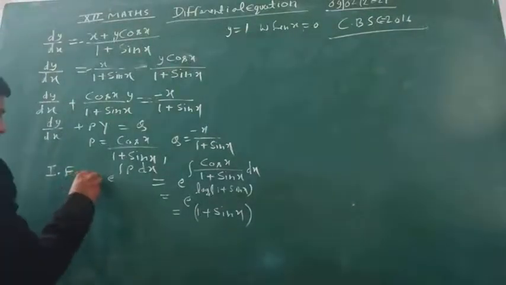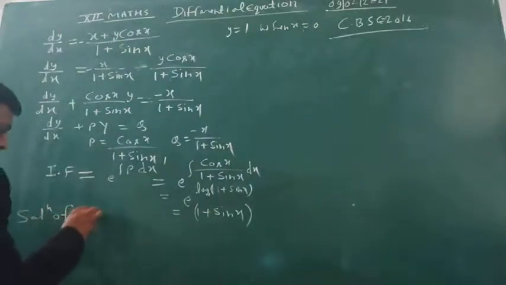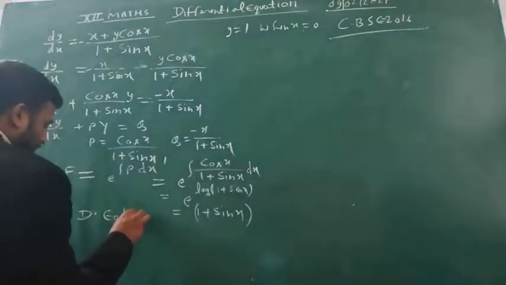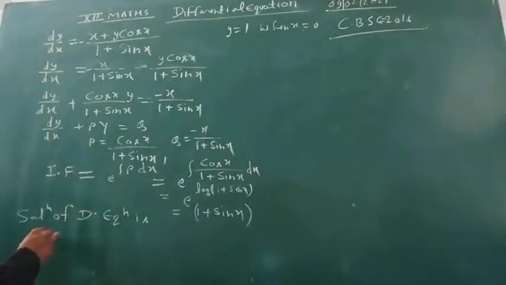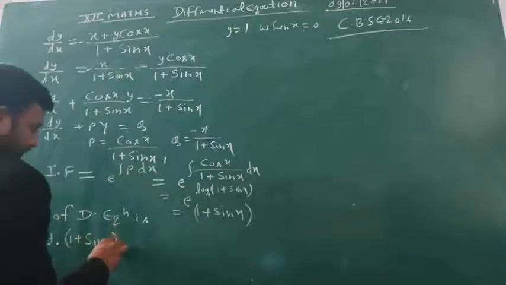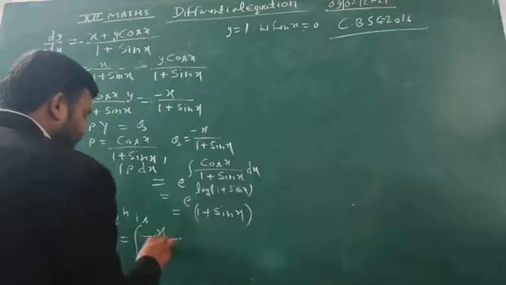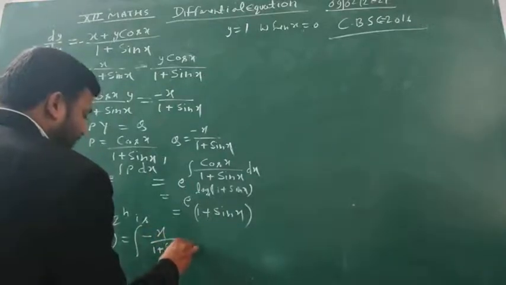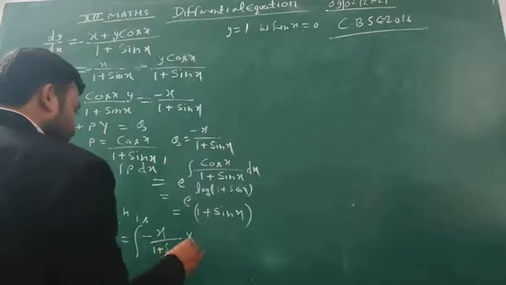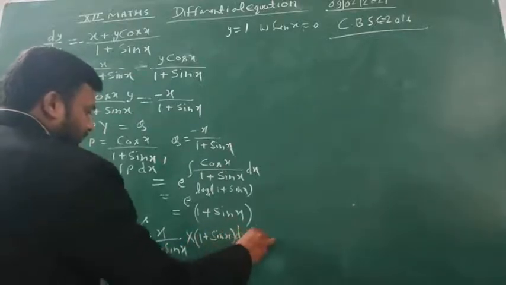Okay students, now you know the solution of the differential equation is given by y into the integrating factor, which is 1 plus sin x, is equal to the integration of q into the integrating factor, which is x by 1 plus sin x times 1 plus sin x dx, plus c.